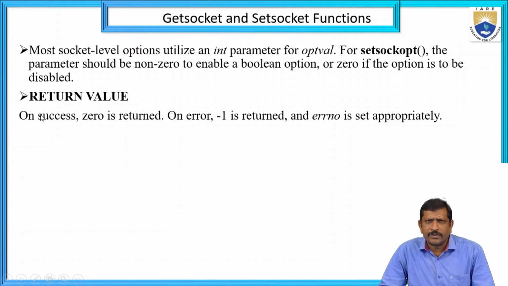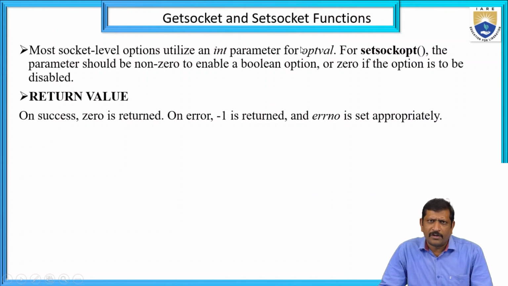Return values. On success, 0 is returned. That means the get socket and set socket function calls are successful. If it is get socket, it retrieves the data successfully from the buffer, and with set socket, it sets the time for the communication from client to server.